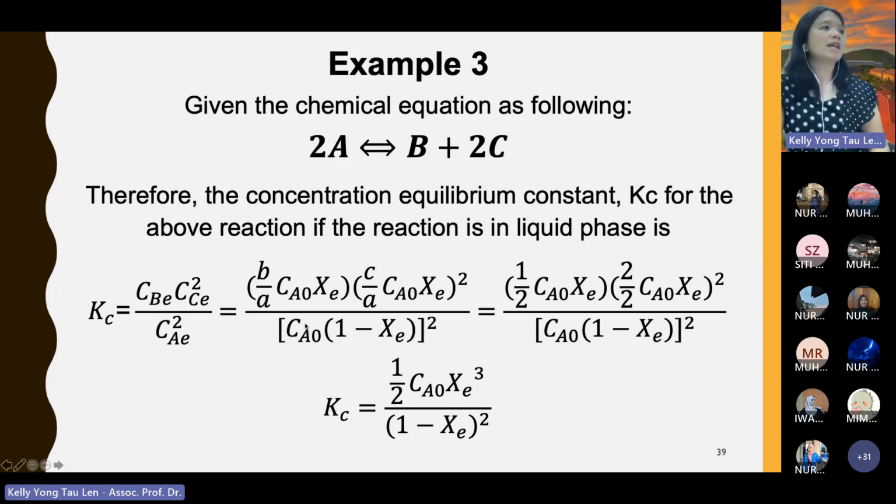Okay, so now you get the correlation. So now we replace pula. Okay, CBE equals to B per A, Ca0 Xe. Concentration of C at equilibrium will be C per A, Ca0 Xe, but we have to power of 2 because it's power of 2. And we do subsequently for A. Okay, Ca0 in bracket 1 minus Xe, close bracket, power of 2.